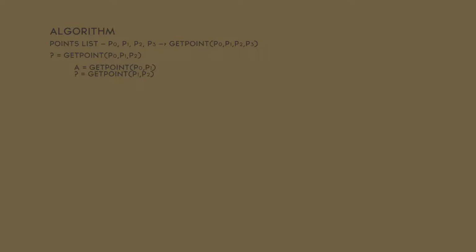This will be more evident in the video: when I indent, you can see which call and which stack it's on. So we're calling get points with P1 and P2, where we took the first one out, which was P0. That's 2 points, so we need to do 2 recursive calls, one with P1 and one with P2. Those will give us 1 point each, which will result in 2 points that we can lerp between, and we will return that, and we'll assign it B.